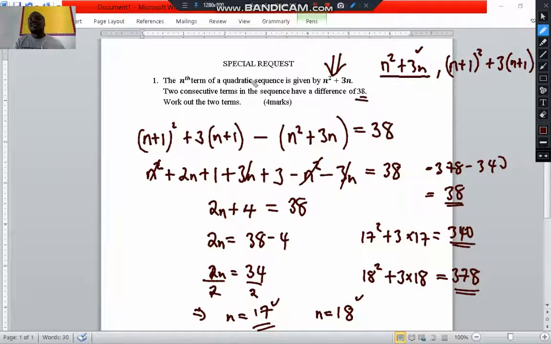To conclude, the tricky part was knowing that if this is the term and there's a term that follows it, then the position, which is n, should increase by 1. So we needed to come up with this equation, and then work with it algebraically to find the position n.